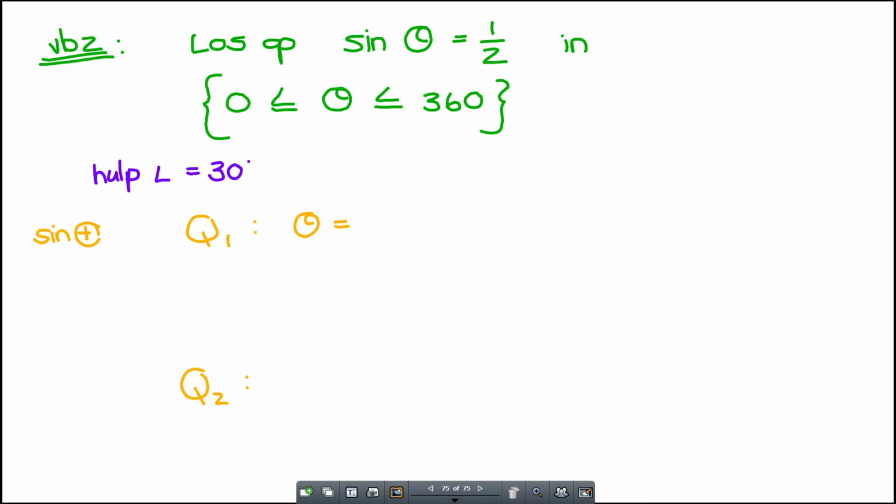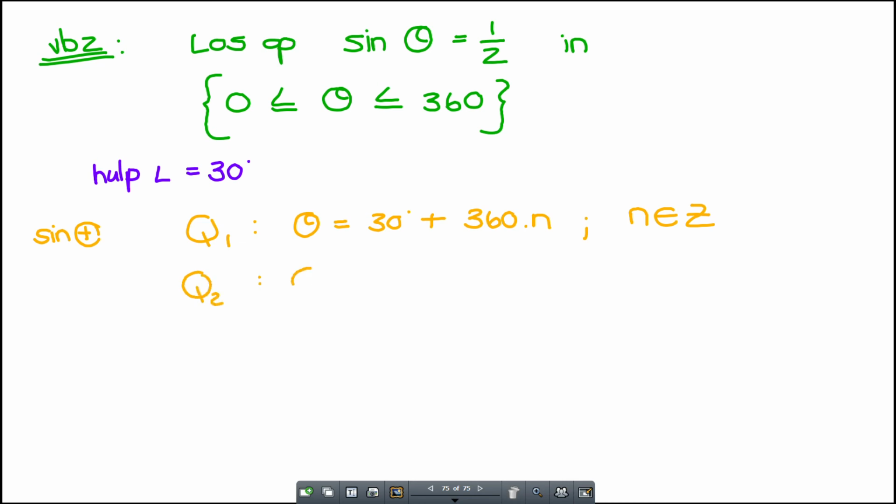En my skerp hoekie is mos daai 30. Do you guys get that? So it would just be 30 en dan, omdat hy mos nou algemene oplossing is, plus 360 times n, n is an element of all integers. Julle reg? Ek kan actually hierdie bietjie opskuif. Any questions there?